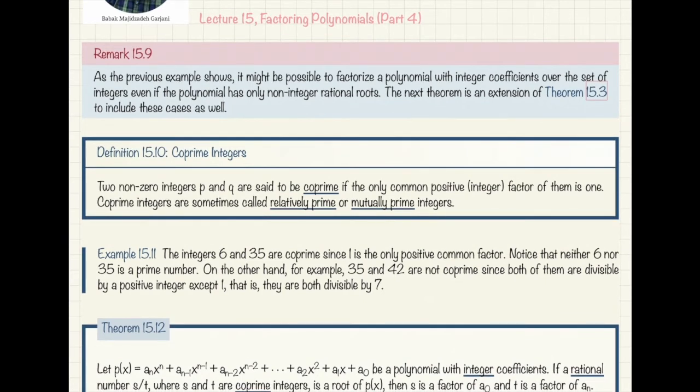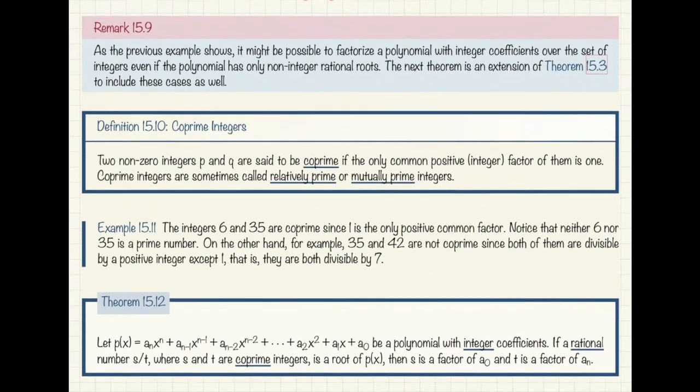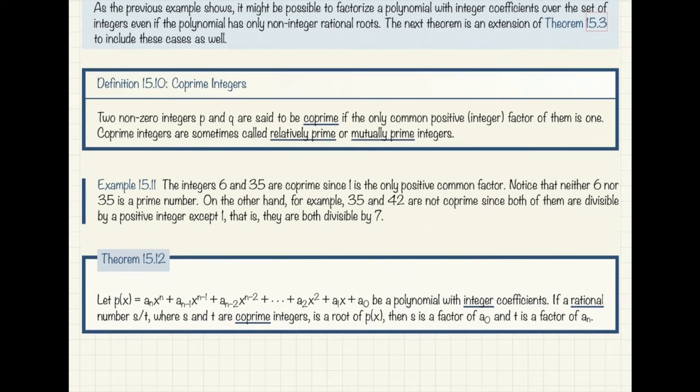But I want to extend our previous theorem to a more complete one, but I need to define a notion for you first, and that is the notion of co-prime integers. Two non-zero integers p and q are said to be co-prime if the only common positive factor of them is 1.